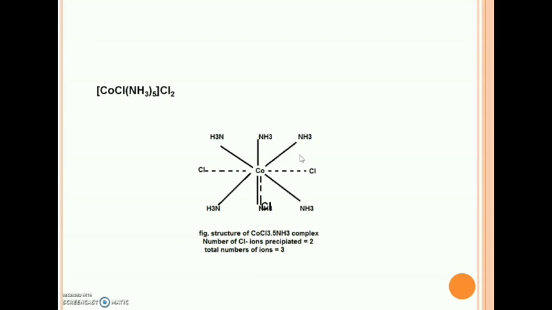ion plays the double role of satisfying 1 primary valency and 1 secondary valency. That means out of 3 chloride ions, 1 chloride ion satisfies 1 secondary valency, and 2 chloride ions satisfy the primary valencies.